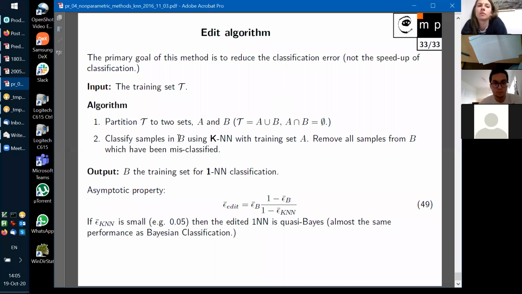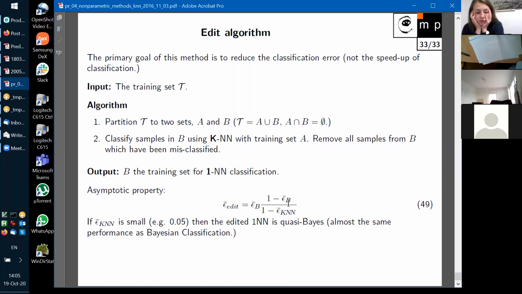We classify samples in B using K-NN from class A, remove all samples from B which have been misclassified, and keep the rest. Output is the B, and that classifier has an error in the asymptotic case which is indistinguishable from Bayes.